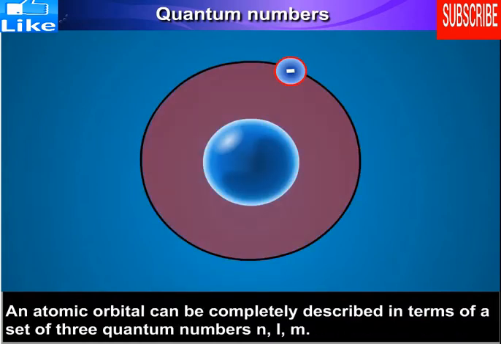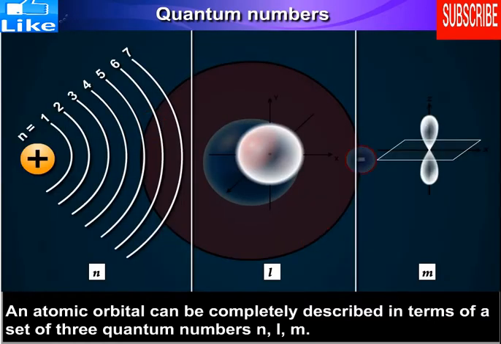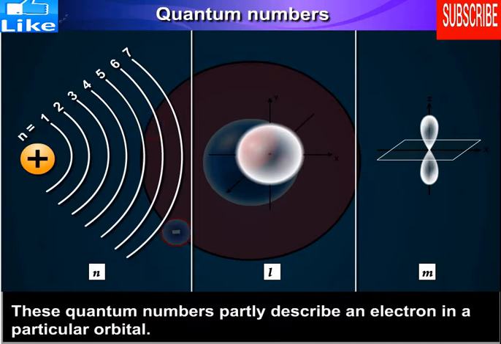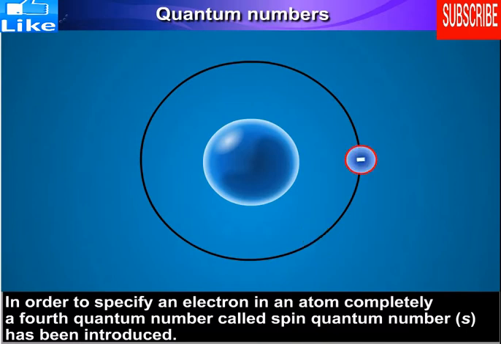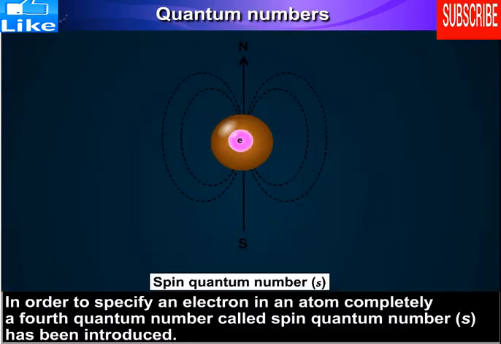An atomic orbital can be completely described in terms of a set of 3 quantum numbers, n, l, m. These quantum numbers partly describe an electron in a particular orbital. In order to specify an electron in an atom completely, a 4th quantum number called spin quantum number, s, has been introduced.